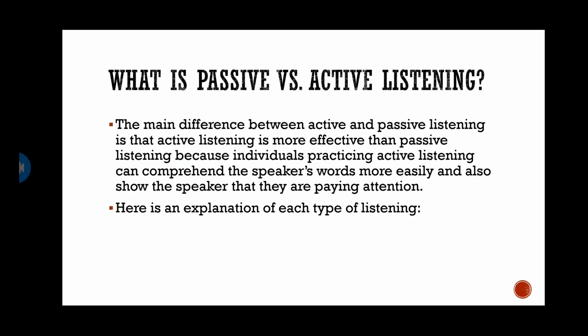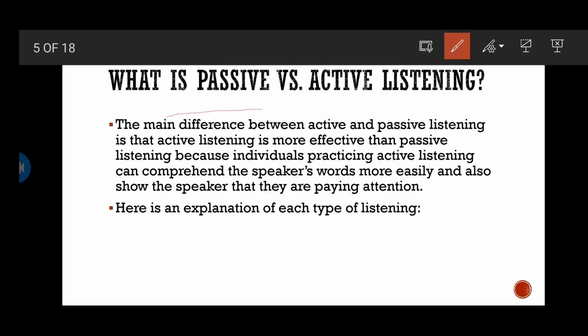What is passive versus active listening? The main difference is that active listening is more effective than passive listening, right? With active listening, you can understand the topic or speech delivered by the speaker very clearly, and if you have doubts, you will ask.